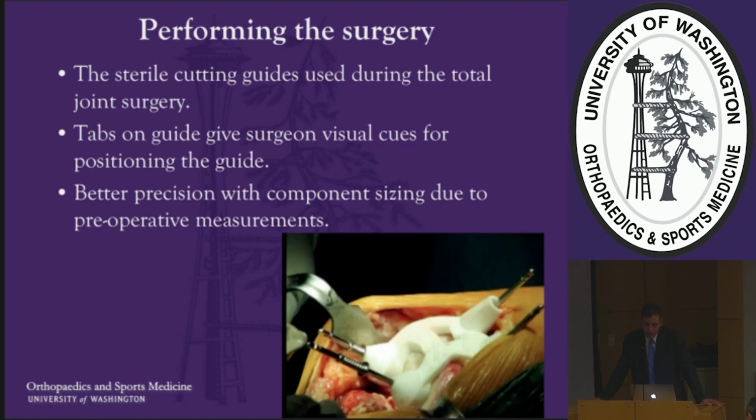An advantage is that since this was all templated preoperatively, it allows the surgeon to have more precision in the selection of the size and position of the components. So that's a brief overview of this type of CT and MRI guided navigation and patient-specific instrumentation. I would like now to bring up Dr. Manner, who's going to discuss his insights as well as the pros for this.